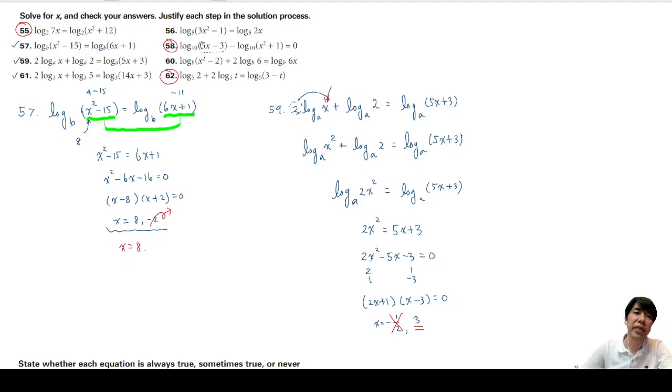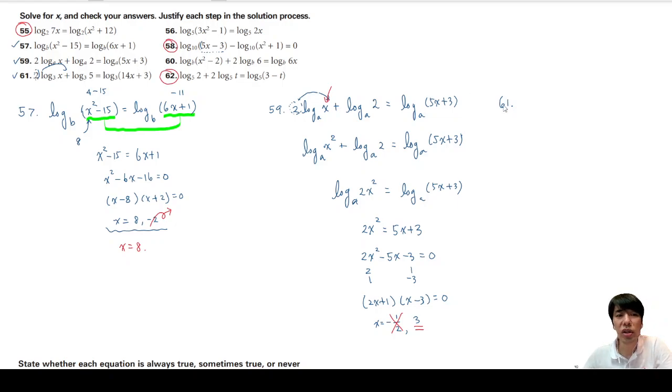Okay, 61. 61 looks very similar to 59. So I'm not going to write down the problem here. I'm going to just move this thing here. And it's got log base 3 and log base 3. So combine these two logs together.